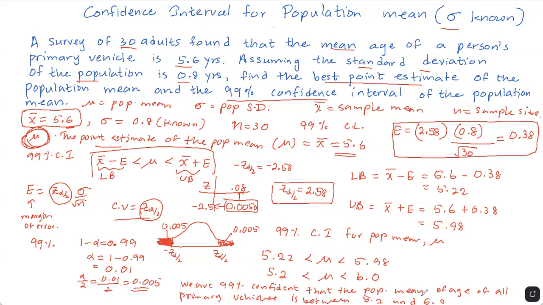So this is how you calculate the confidence interval for a population mean when the standard deviation of the population is known.